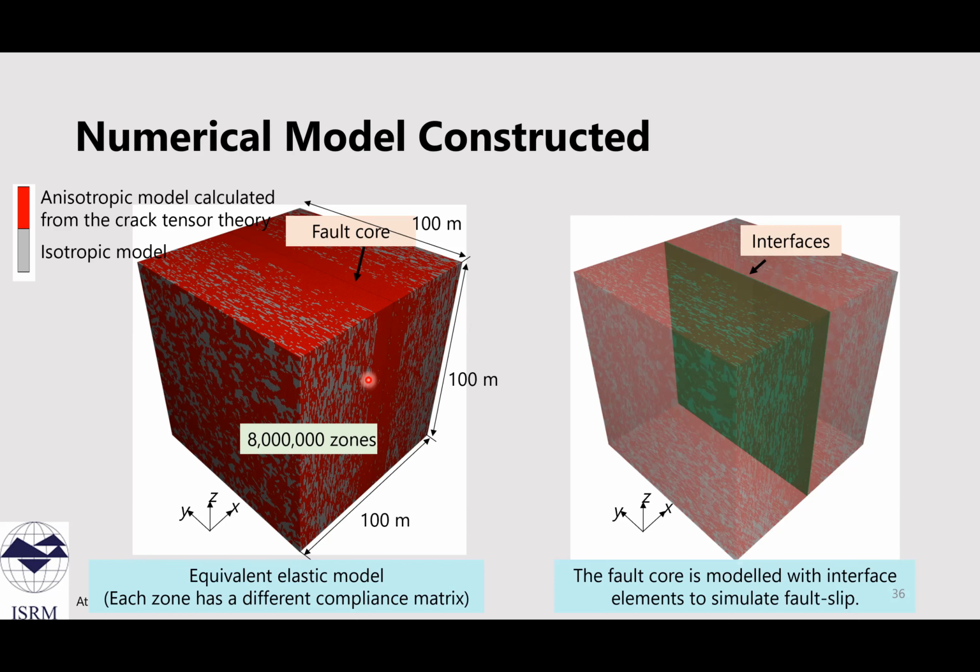So each zone has a different compliance tensor because of the heterogeneous fracture network, while the gray colored zones are the zones without macro fractures. And at the center of this model, there is a fault core, which is modeled with an interface element to simulate fault slip.